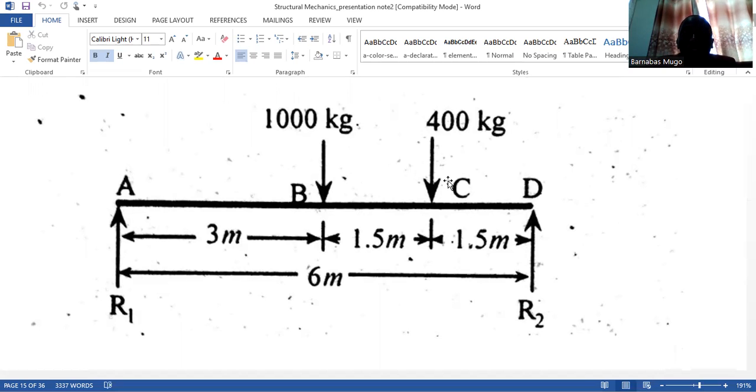At C and D, we have 100 kilogram and 400 kilogram weights applied respectively. The distance between R1 and R2 is 6 meters. And then you have the information as you can see from that diagram.